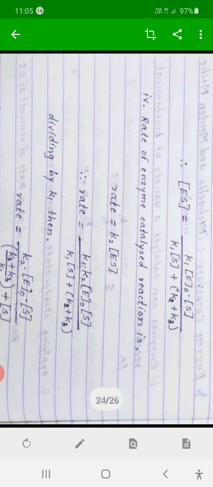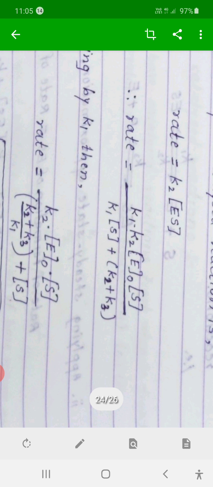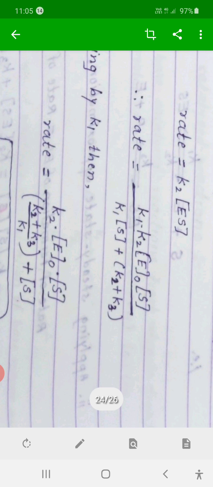Therefore the rate of reaction is k2 into the concentration of ES. Substituting the above concentration of ES in this equation, the rate of reaction is equal to k1 into k2 into the concentration of enzyme E0 plus S upon k1 into the concentration of S plus k2 plus k3.